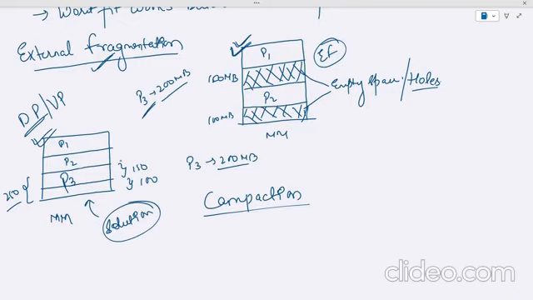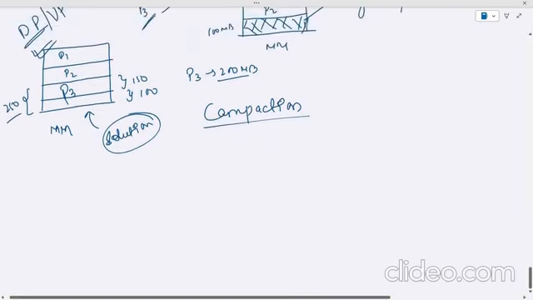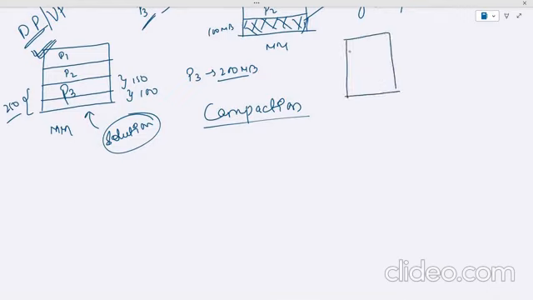Now, there is one more thing in compression: if the operating system does this, putting occupied space on one side and unoccupied space on the other, it takes a lot of time. If P1 and P2 are placed like this and the empty space like this, it takes a lot of time to do this.